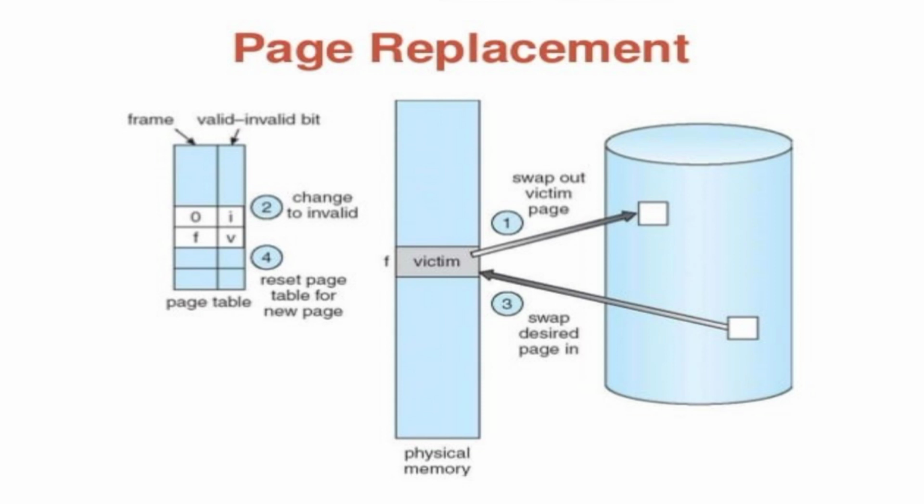Then another page replacement is LRU page replacement. LRU is the least recently used page. This method helps the OS to find page usage over a short period of time. This algorithm can be implemented by associating a counter with each page.